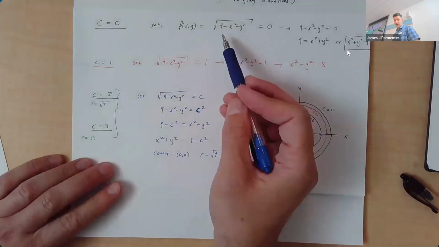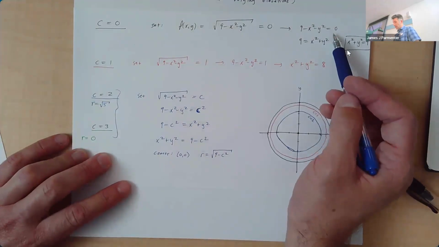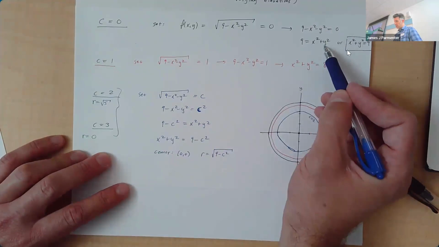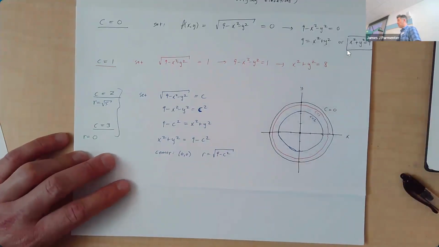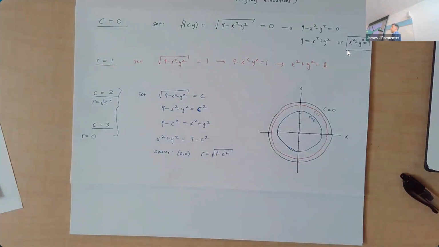So I took this and like, oh, I've got x squared plus y squared or minus x squared. So I'm going to square both sides and then bring the x squared plus y squared to their own side. And I'm like, okay, x squared plus y squared equals 9. I know that's a circle centered at the origin with a radius of 3. And then after that happens once, I kind of know the same thing's going to happen every time. I'm just going to get different radii.